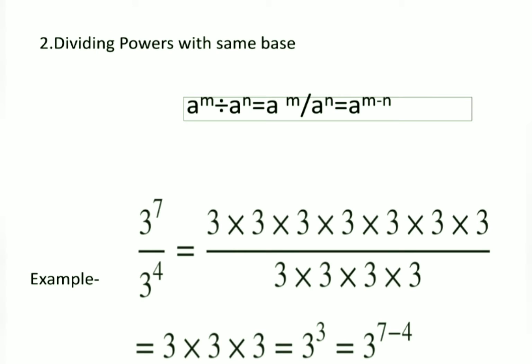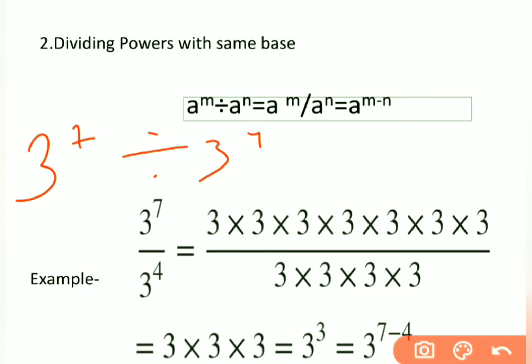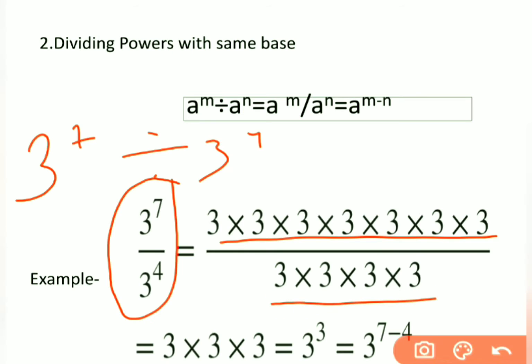We will verify this law by taking an example. Let us divide 3 raised to the power 7 by 3 raised to the power 4, or 3 raised to the power 7 upon 3 raised to the power 4. 3 raised to the power 7 means 3 is to be multiplied by itself 7 times, and 3 raised to the power 4 means 3 is to be multiplied by itself 4 times.